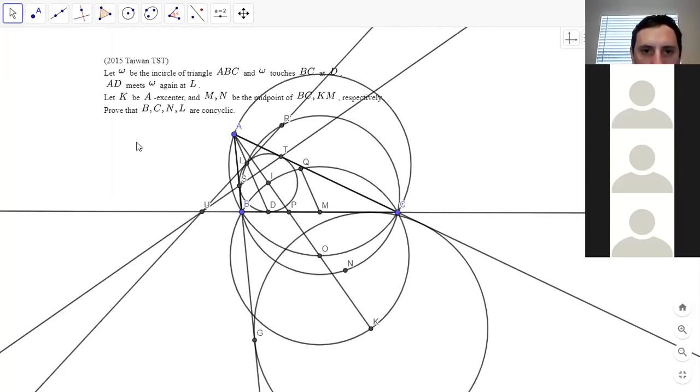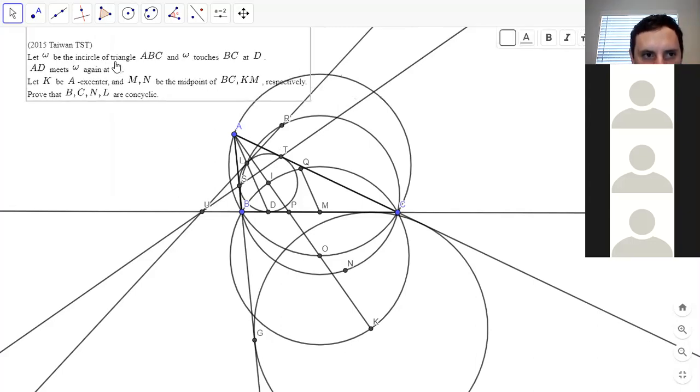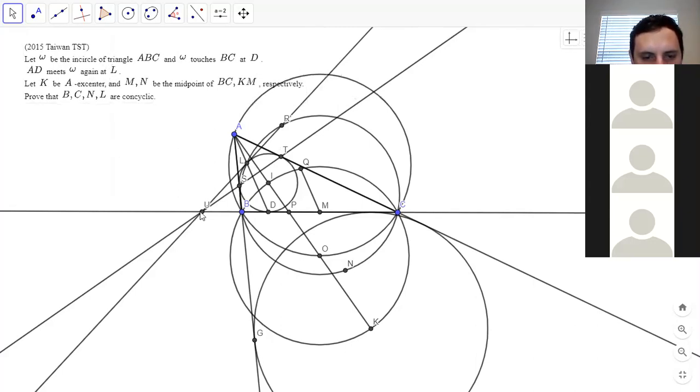So we all know that U, D, B, C is an isogonal conjugate. So UD times UN is equal to UB times UC, equal to UL times UR prime. So UB times UC is UL times UR prime.